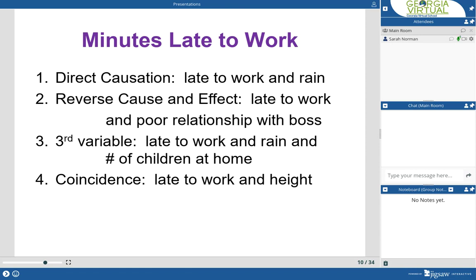I really doubt that a person's height is going to predict how late they are to work, but we could certainly plot that on a scatter plot. It would probably be very, very scattered and have a correlation coefficient close to 0, but it is something that we can compare.